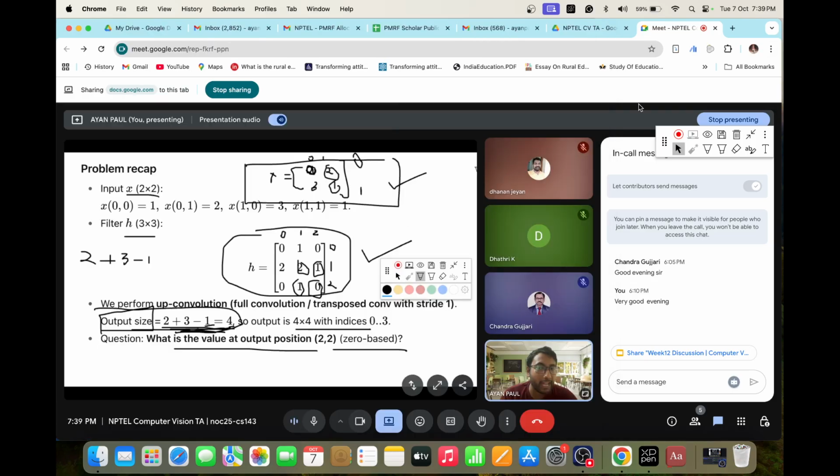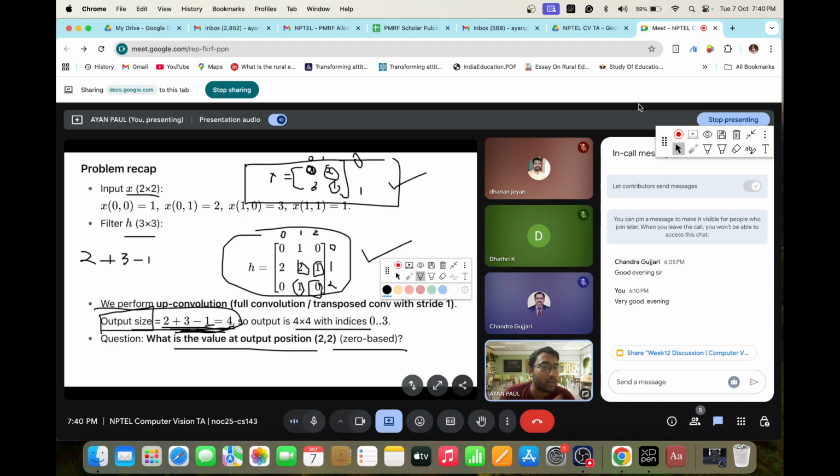Any doubt about what I have told you? It is not the downsampling. If we have downsampling, then we have our formula, right? That is input minus filter size divided by stride plus 1. That is how we get the dimension whenever we are talking about convolution. But this is not downsampling, this is upsampling. That is the difference.